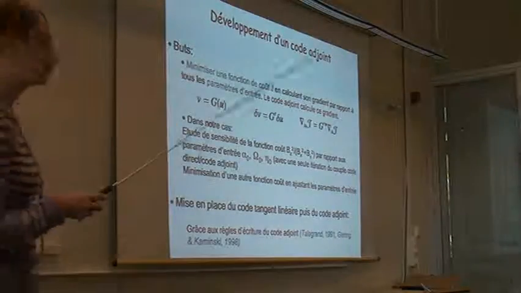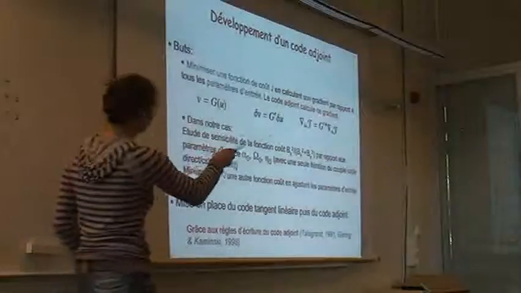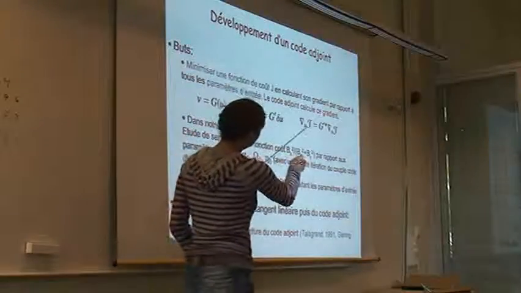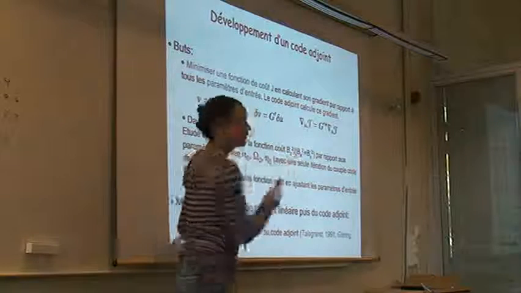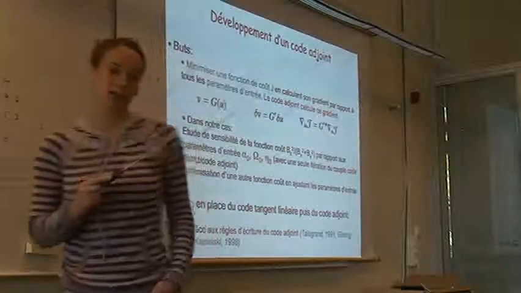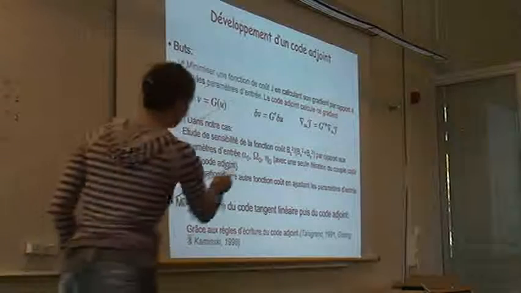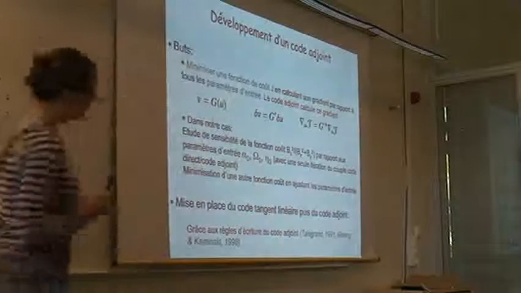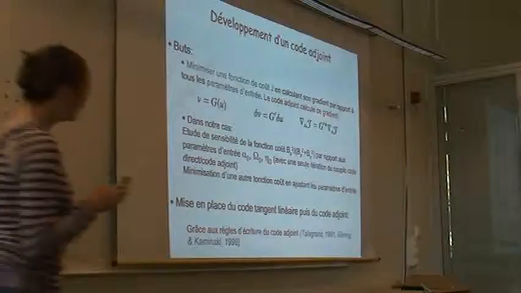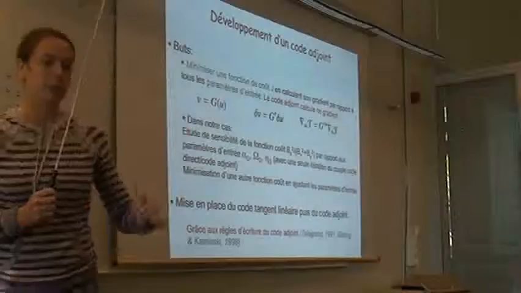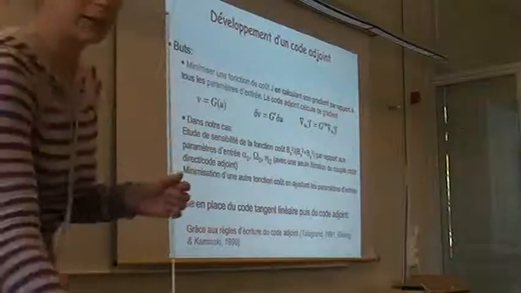So this is just what Elias showed us yesterday, that you can, through the adjoint code, get the gradient of the cost function with respect to the state vector, using the derivative with respect to the final variables, which in this case are a and b.